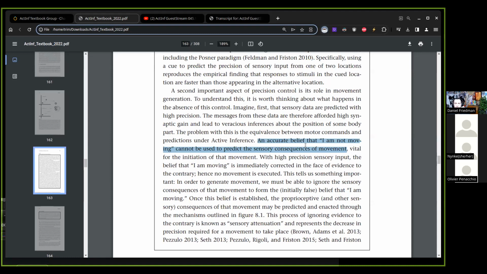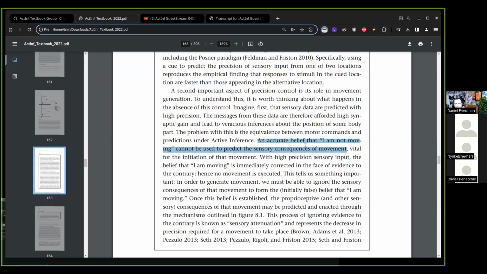And so how does that happen? Well, the issue is that if you're sitting down and you have a high precision, accurate belief, I am sitting down, and then you try to change your expectation or your preference or your set point to standing up, it's going to be like, no, that's unlikely. All of our proprioceptive evidence is telling us that we're sitting down.